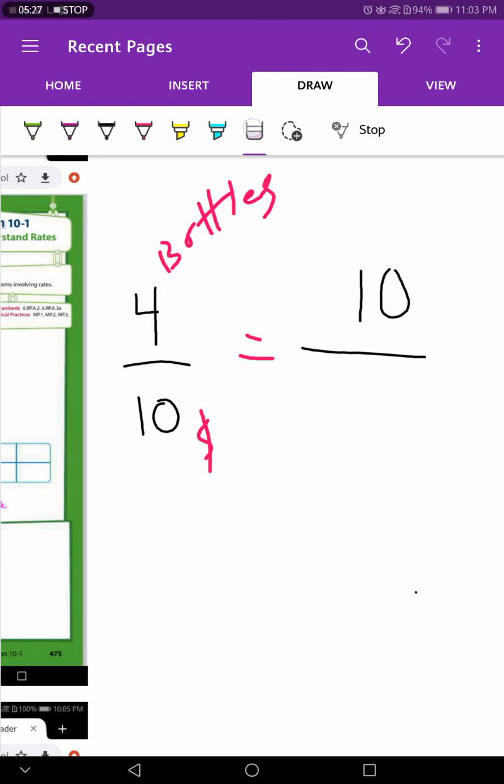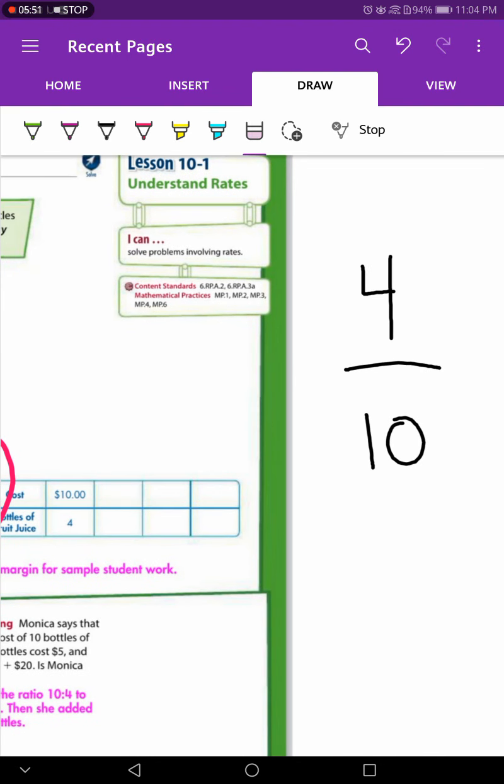The second step, you have to ask how the 4 could become 10 by the multiplication table. Teacher, I cannot multiply a whole number by 4 and get 10. Yes, because of that, if you reach this case, you have to go to the main rate and simplify it.